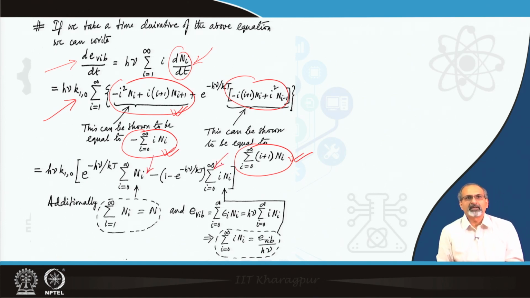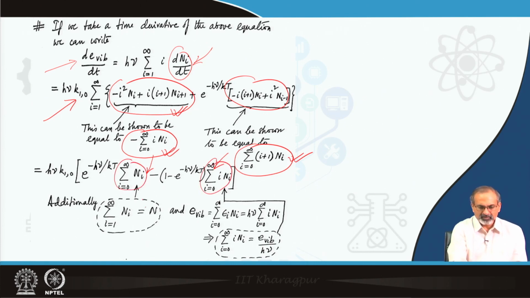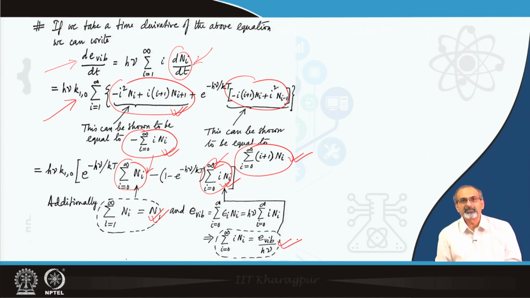of the expression for the time rate of change of vibrational energy, and then we also come up with some summations which are easy to handle. For example, this summation just gives you the total population, while this summation you should be able to express in terms of the vibrational energy by h nu.